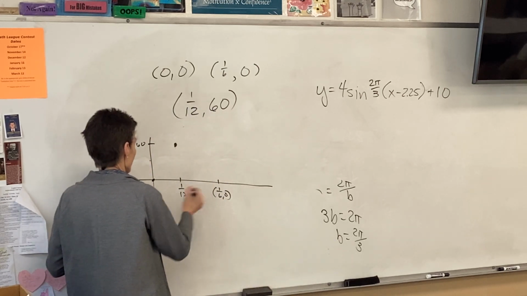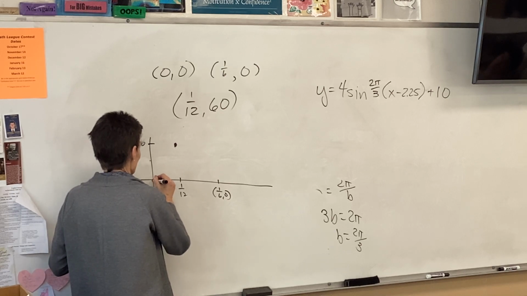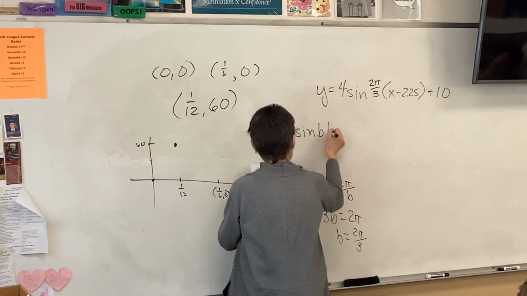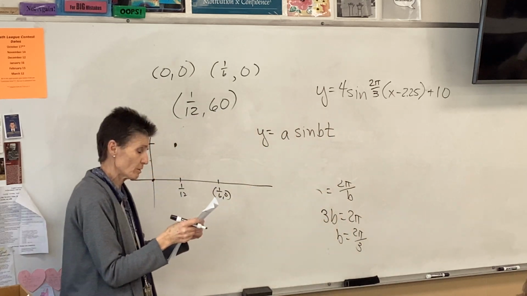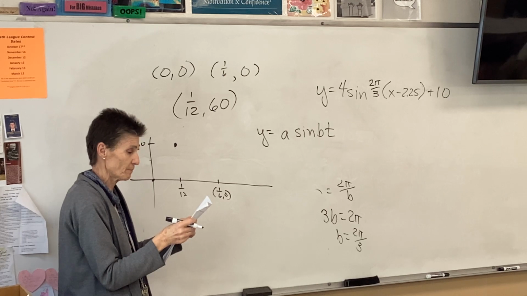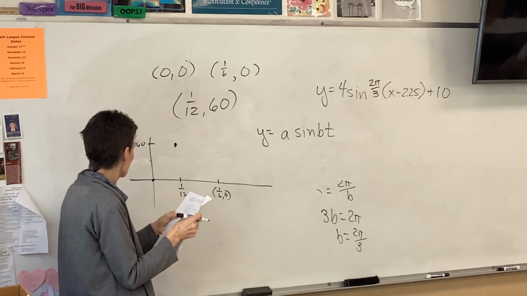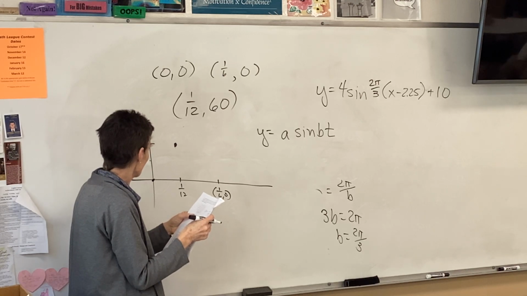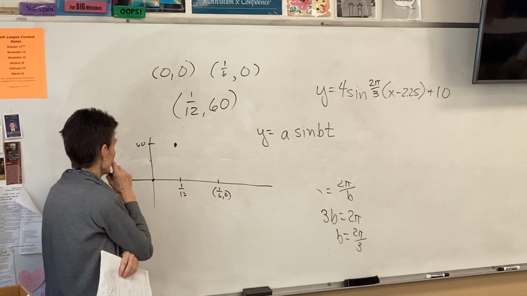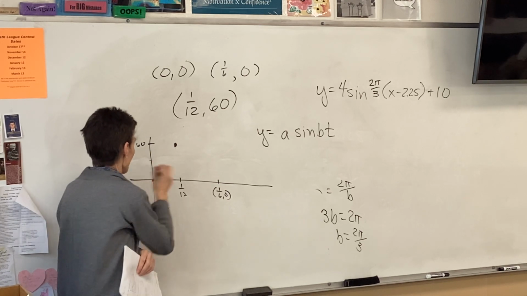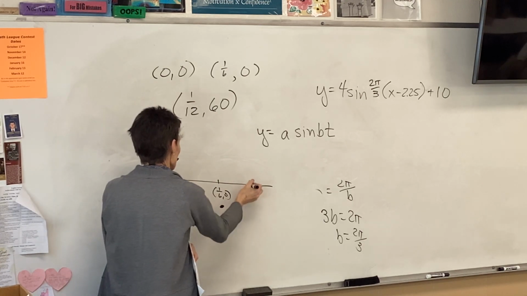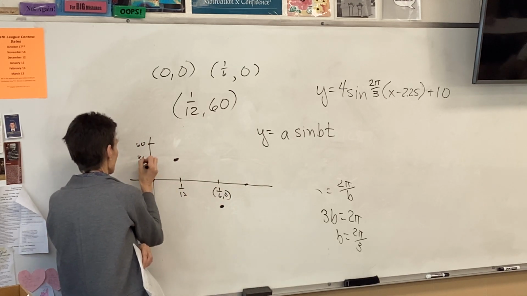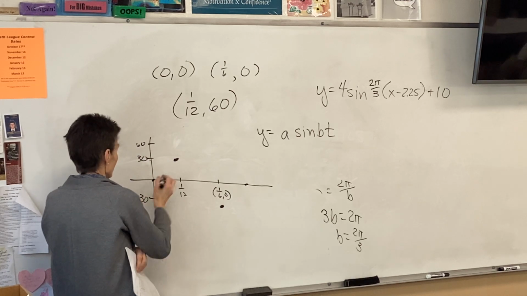I gotta be careful here because my equation has to be in this form, so there can't be any vertical or horizontal shifting. That doesn't really make sense then. Oh, no, I think you were right, because I'm looking at y coordinates, so it'd be 30 and negative 30. Yeah, there we go.